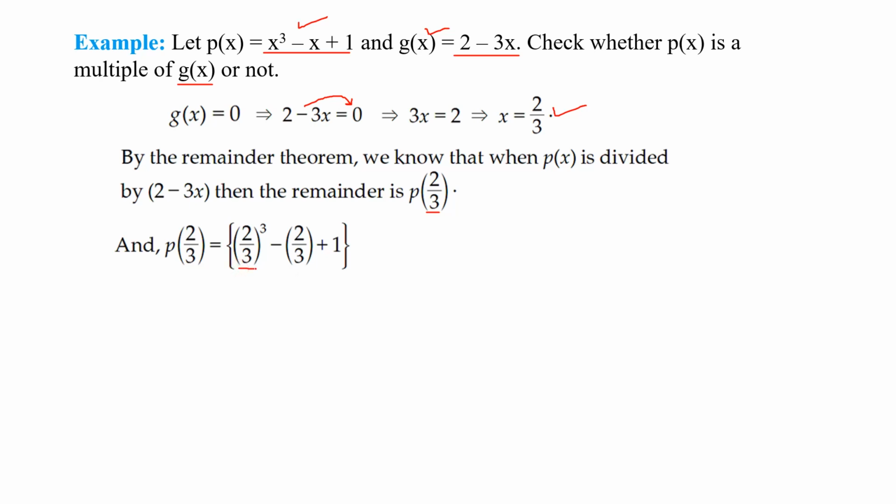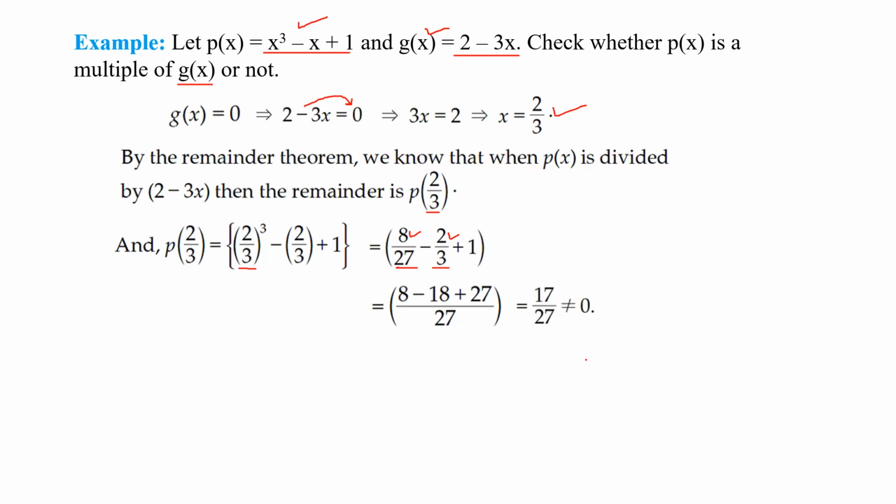So 2 by 3 whole cube will become 8 upon 27 minus 2 by 3 plus 1. Now the LCM is 27. So 8 minus 18 plus 27 we will get. And finally we'll get minus 17 upon 27, which is not equals to 0.